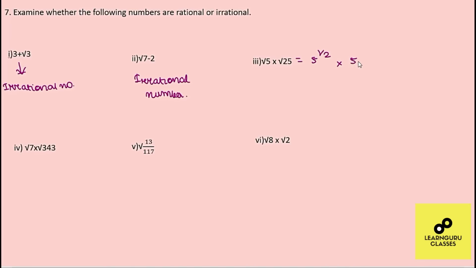So 5 to the power half into 5, so 5 to the power half plus 1. So 5 to the power 3/2. So it is coming as 5 into root of 5. So that will give you an irrational number.